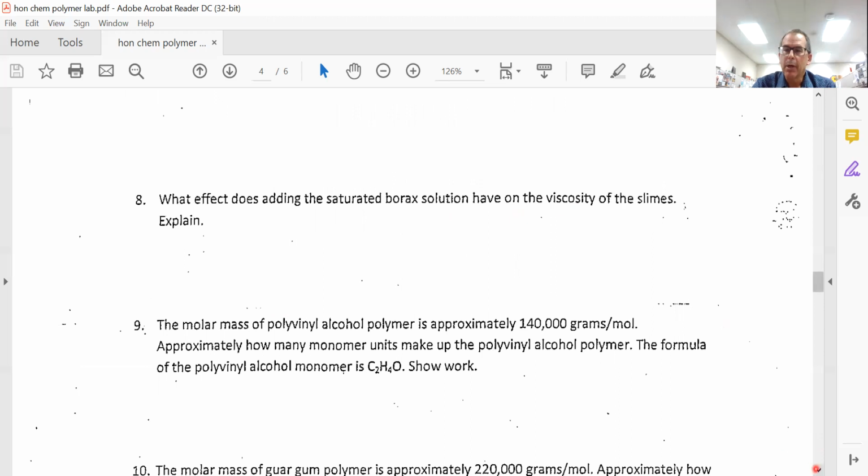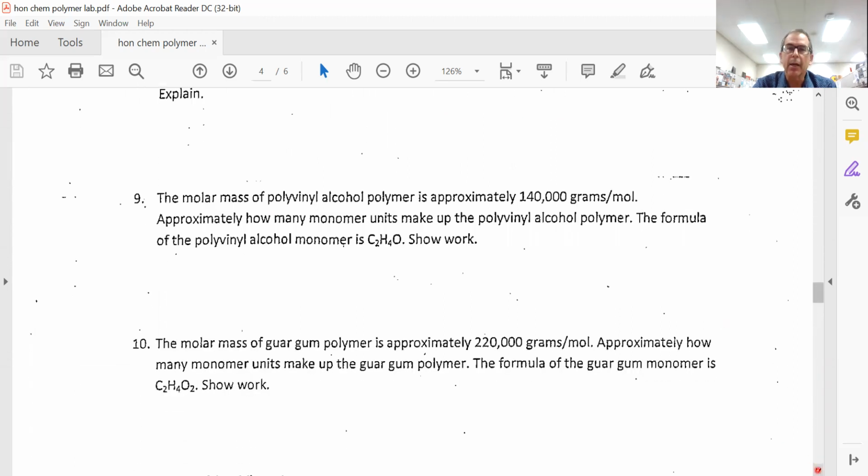And then the hint for numbers 9 and 10 is you have a polymer with a molar mass of 140,000 grams per mole. What I would do is take the molar mass of an individual monomer, and then take the 140,000 divided by the molar mass of the individual monomer, and it's going to give you an answer.